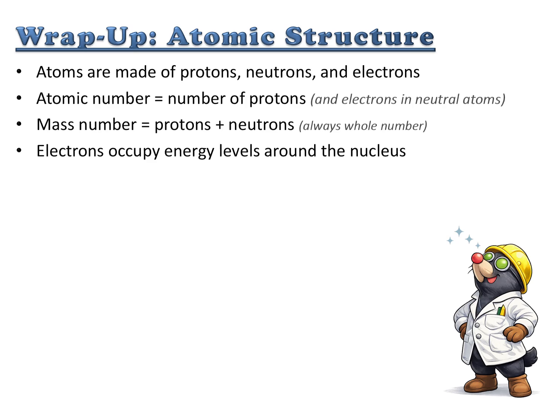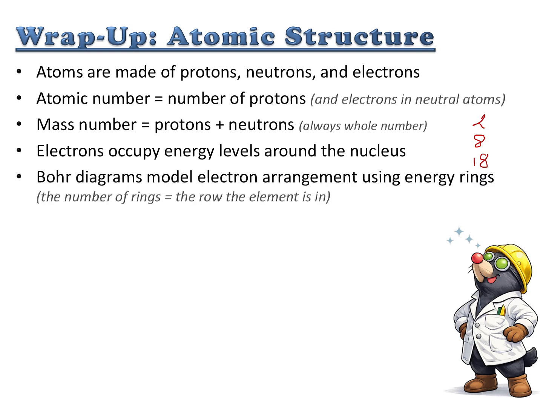We saw that electrons occupy energy levels, and we have the different numbers. I think I'll write down the numbers again. So remember, they go 2, 8, 18, 32, 50. And then the Bohr diagrams show us how these electrons get distributed.